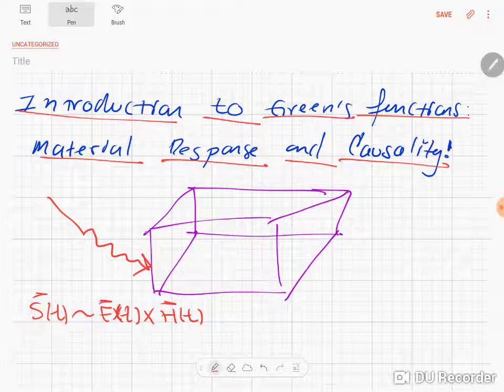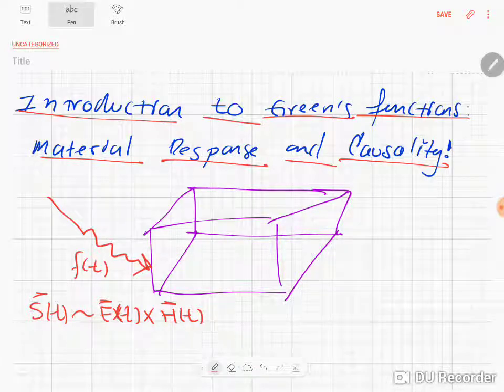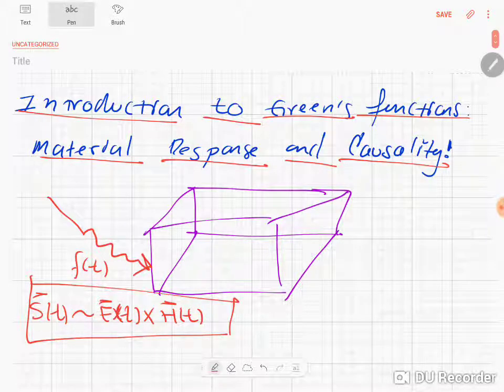But then we're just going to say that the power or the intensity of this field is just represented by some arbitrary function f of t. Okay, but just recall that this optical field has to do with the electric field and the magnetic field in this form. This is the Poynting power.